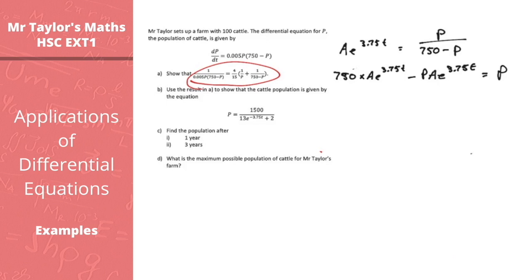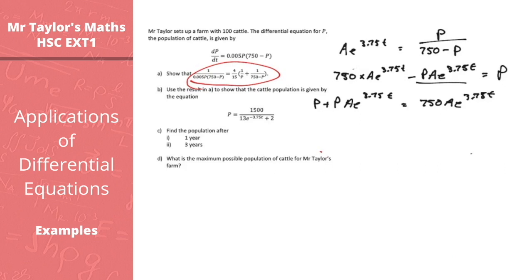I'm trying to make p the subject, so if I add this term to the other side, I'll get p plus p a e to the 3.75t equals 750 a e to the 3.75t.